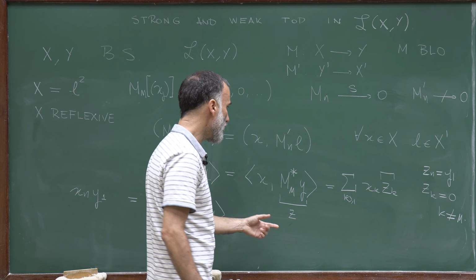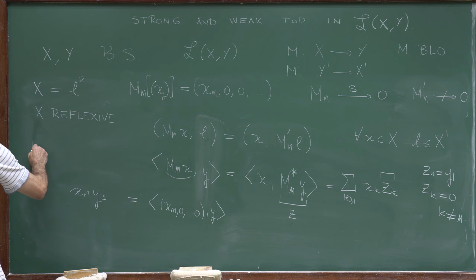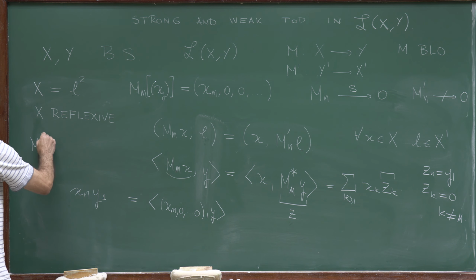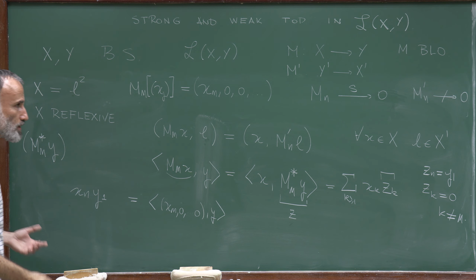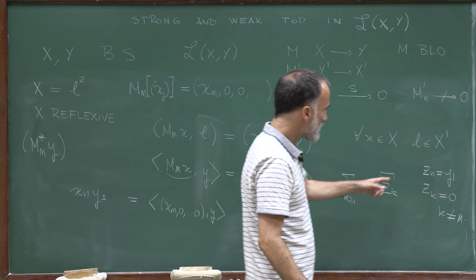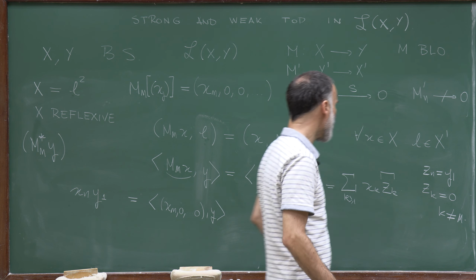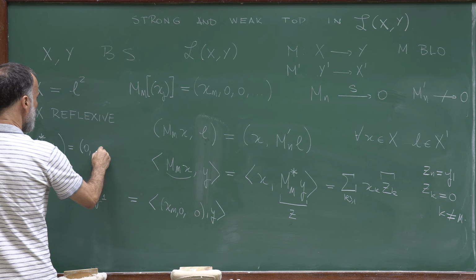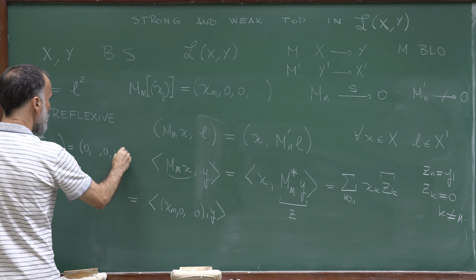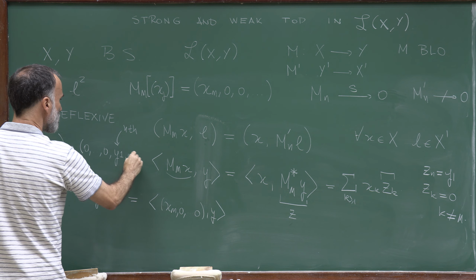So we now have a formula for Mn star y. This is a new sequence, and this sequence is 0 everywhere, but on the coordinate n, it's y1. So this is equal to 0, 0, then y1 at the nth position, 0, 0, and so on.